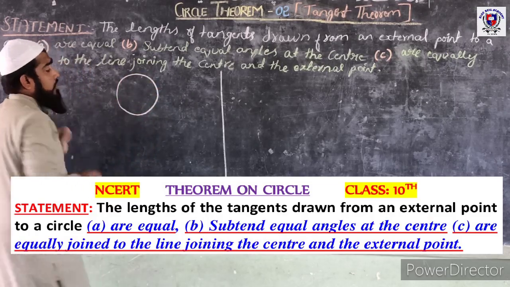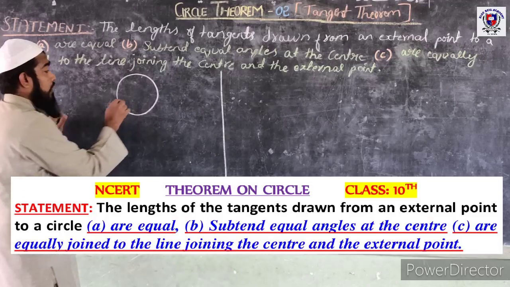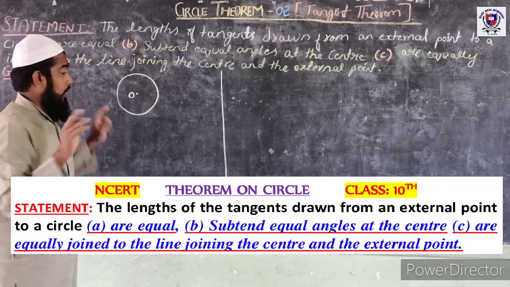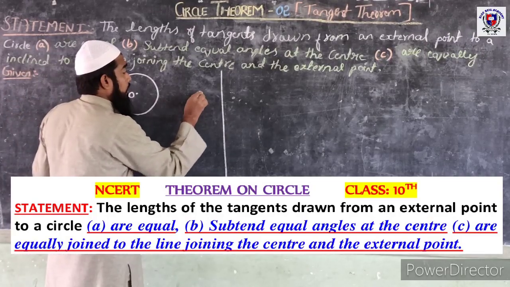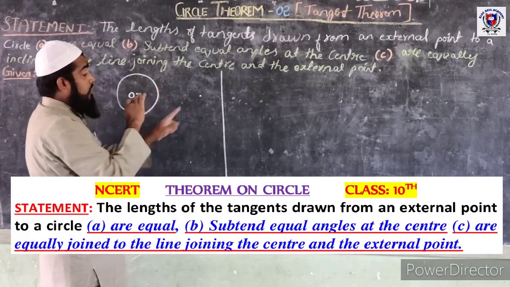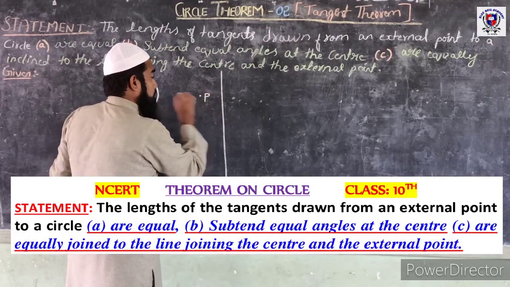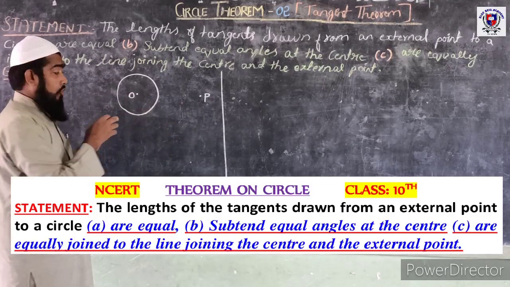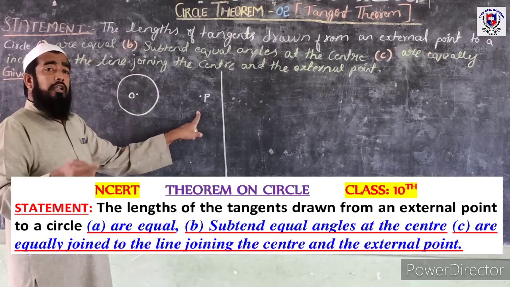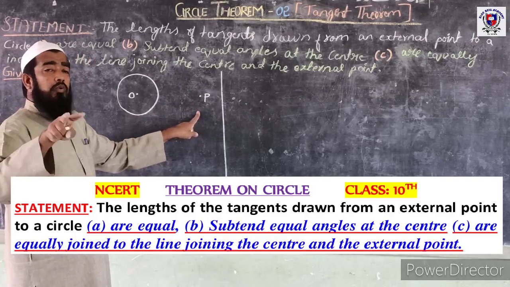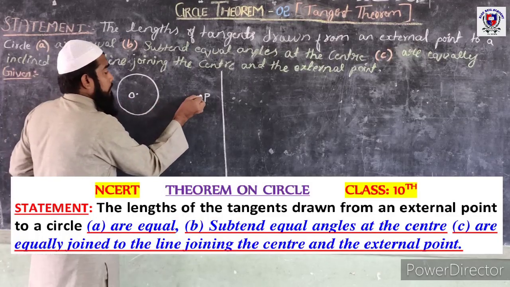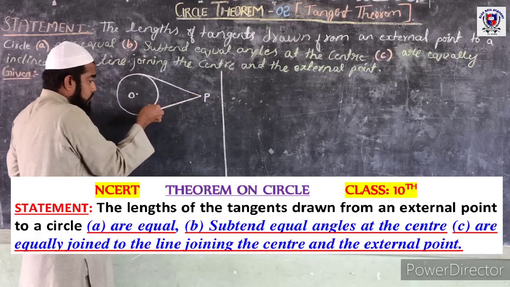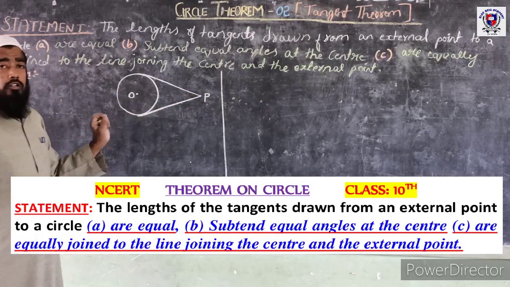Let this be the circle, where this point O is the center of the circle, and let this point outside of the circle be the external point P. From this point, two tangents are drawn to this circle, because we know that from an external point the number of tangents that can be drawn to a circle is 2.